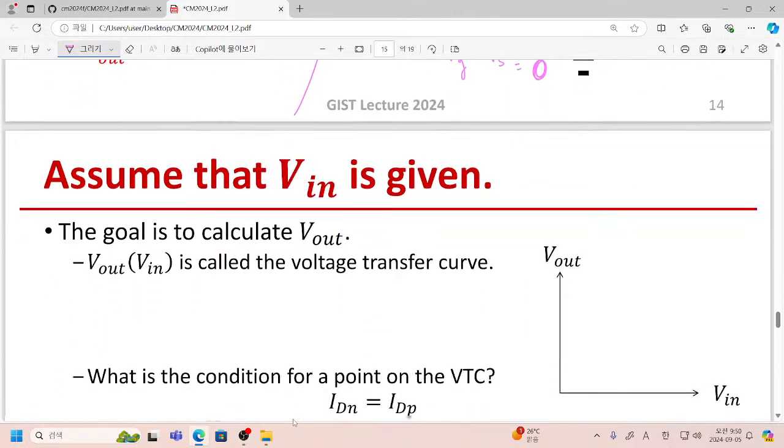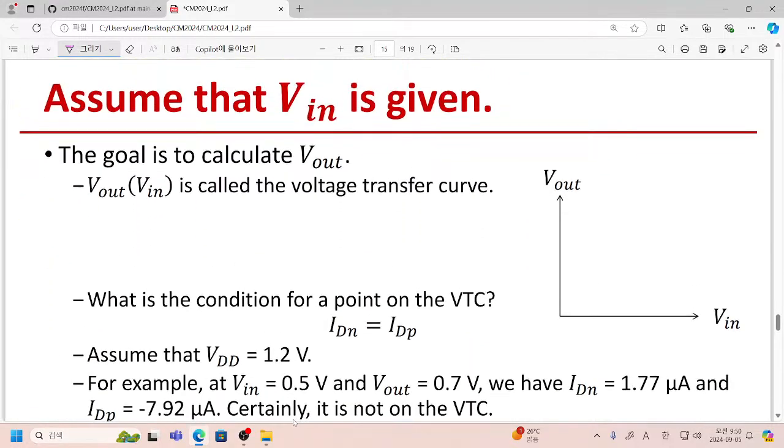Okay, so now what we have to do is draw a relation between input and output voltage. Well, we know quite clear points. For example, if you apply zero input bias, then there is no doubt that we have VDD as the output voltage. And also, if you apply VDD as your input voltage, then there is no doubt that the output voltage equals 0.